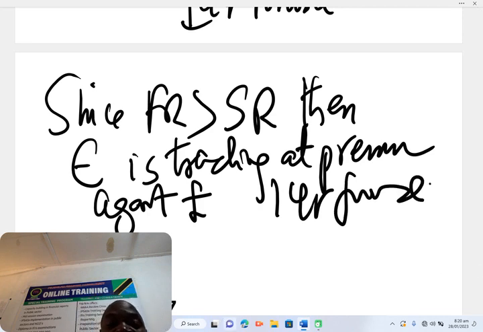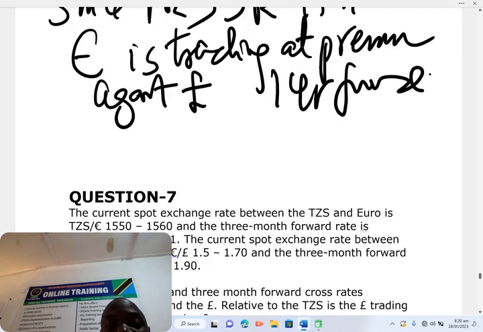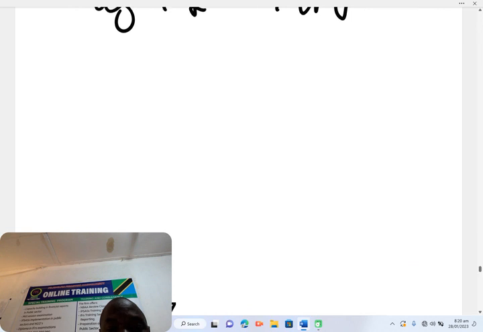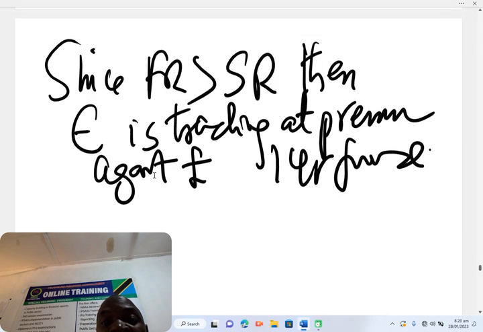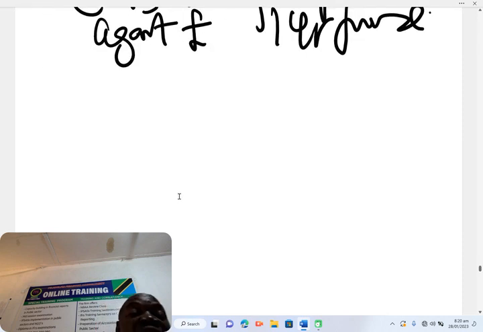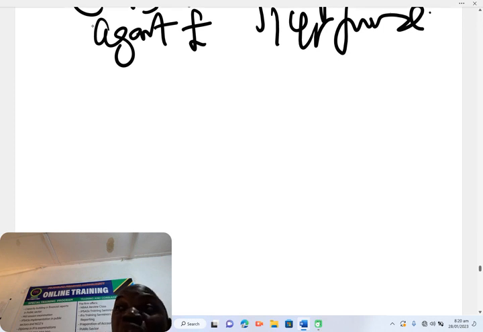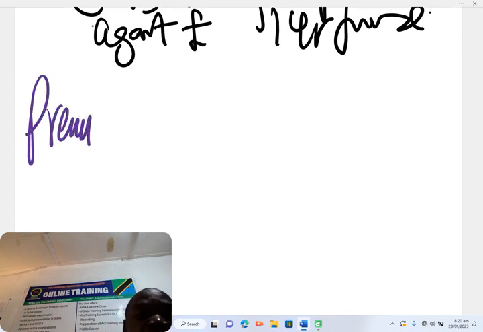So a formula will now be computed. You are writing here premium on euro. Premium or discount again, because we have proved that it is quoted at a premium. So premium on what? Euro.